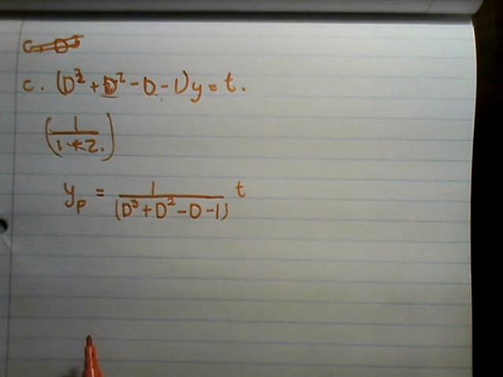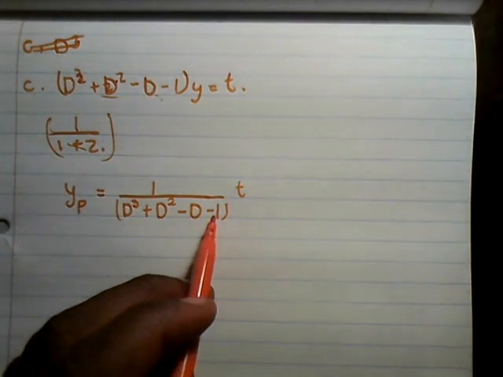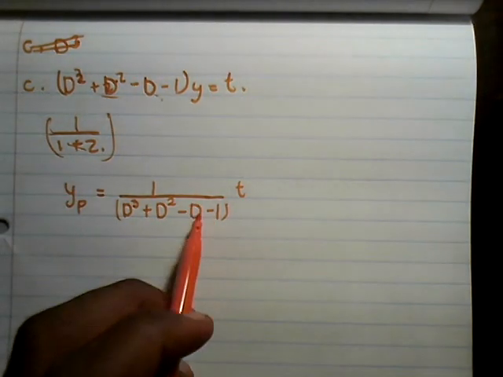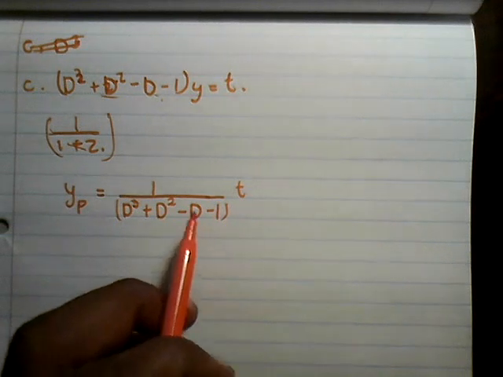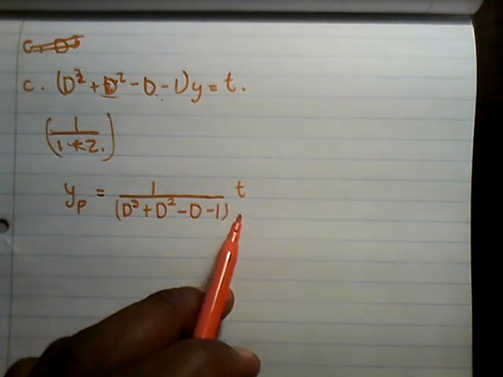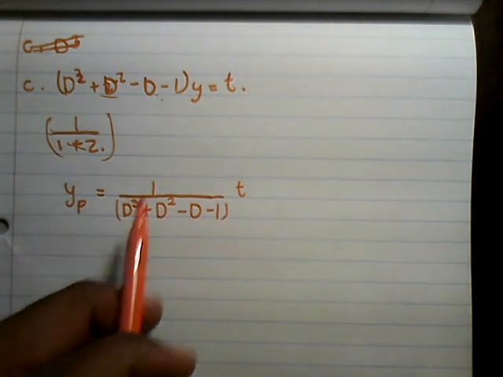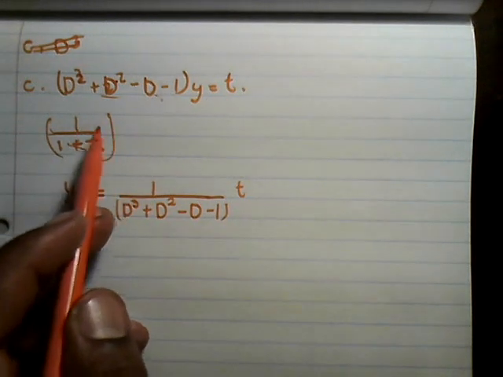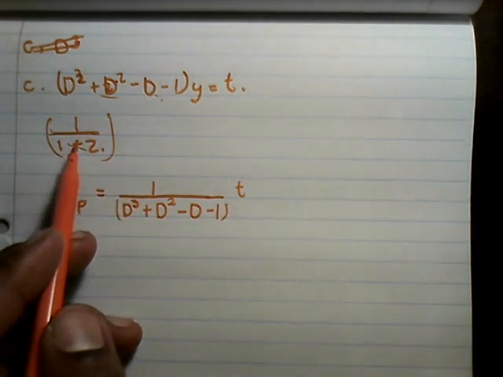Now we want to make this one positive, so I'm going to factor out a negative so that the 1 becomes positive, and then we do the trick we learned.